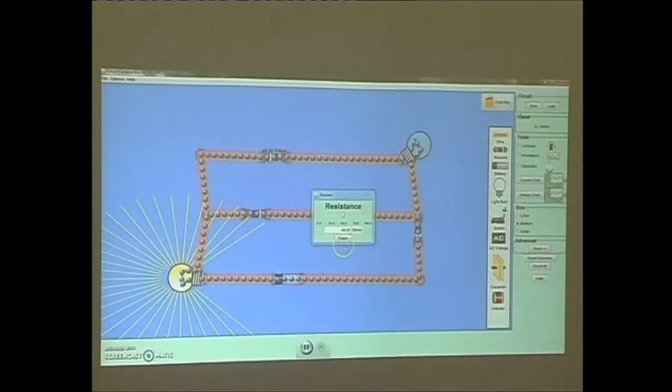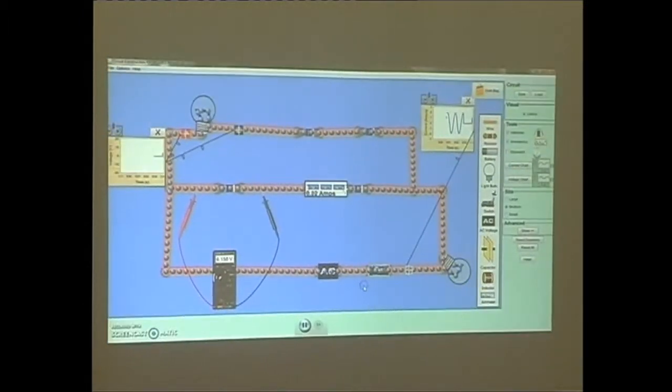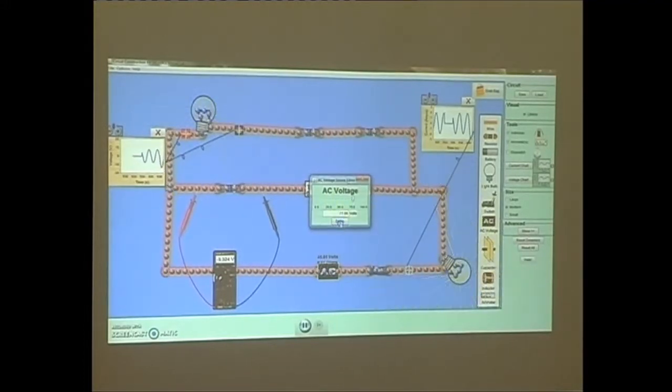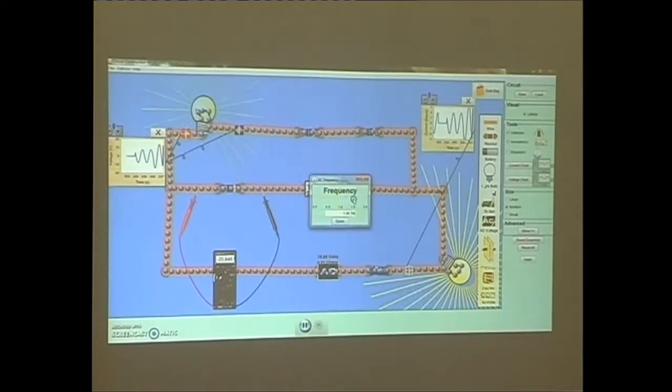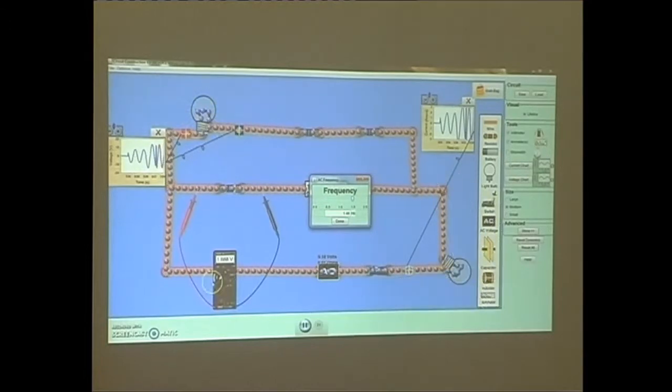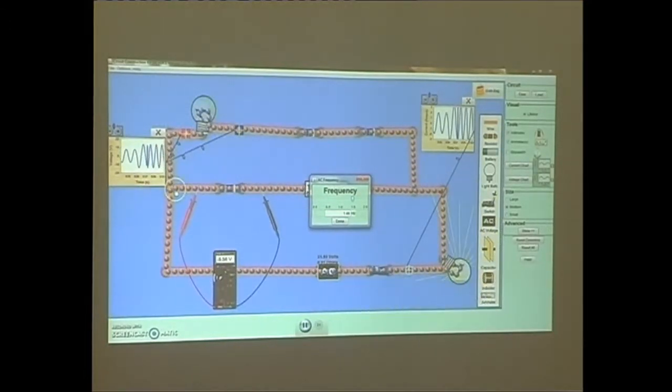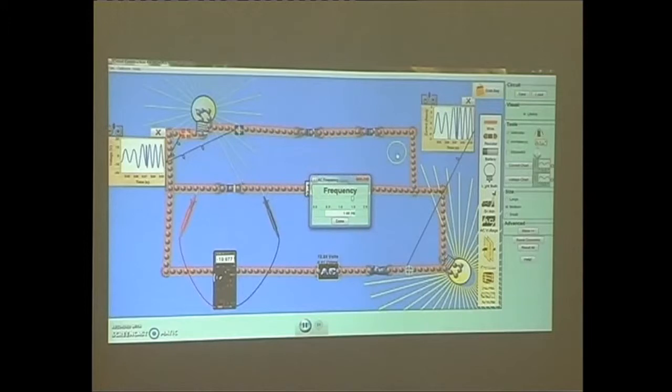The user has access to measuring tools such as a voltmeter and an ammeter, allowing them to measure and to test the circuits that they have constructed. The PhET environment supports the construction of more complex circuits. For example, the addition of extra components, the use of AC and DC current sources. So essentially what PhET allows you to do is explore.